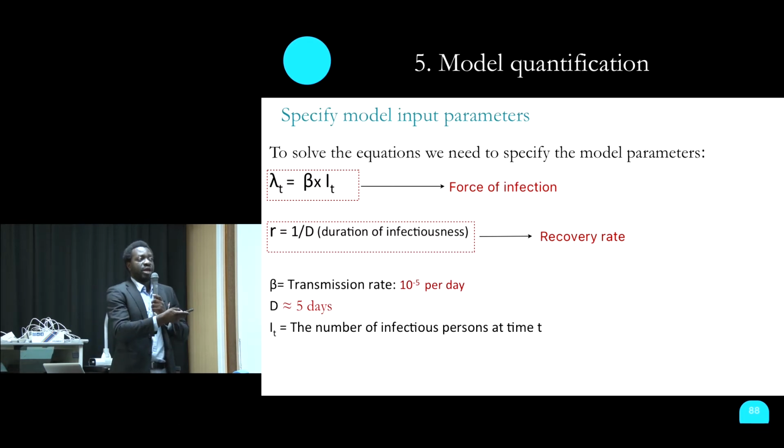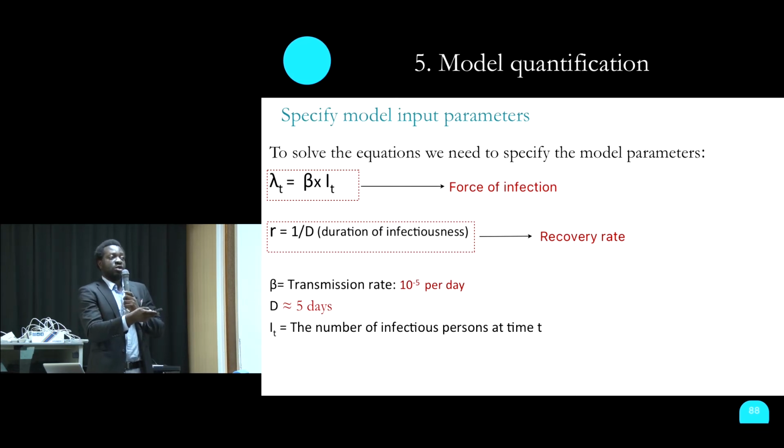For example, remember the force of infection is the transmission probability times the number of those who are infectious in that population. So this is the formula. As I mentioned, if no one is infectious, the risk of transmission or the force of infection is 0.